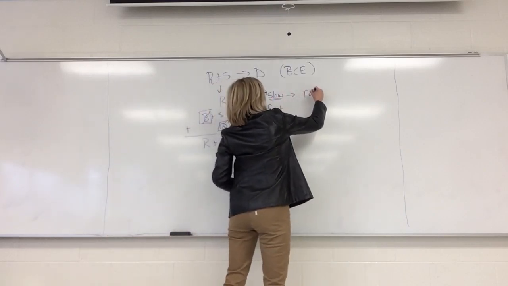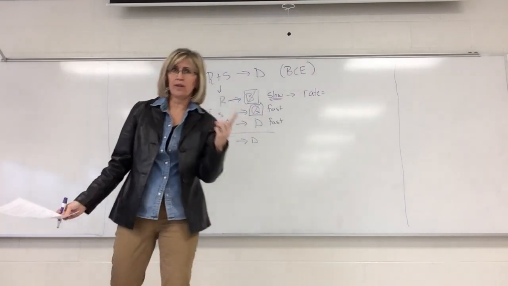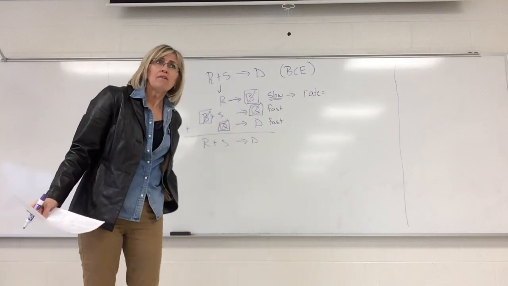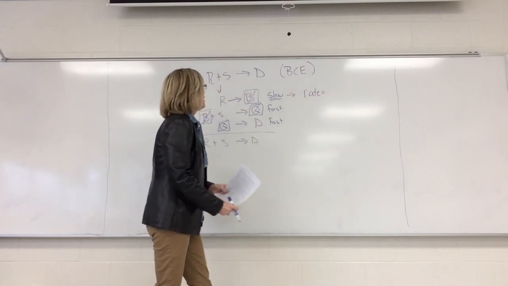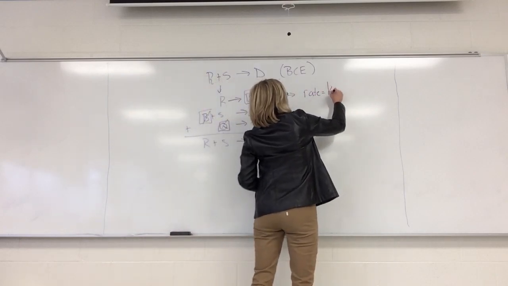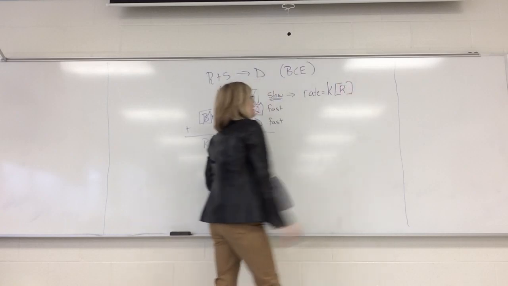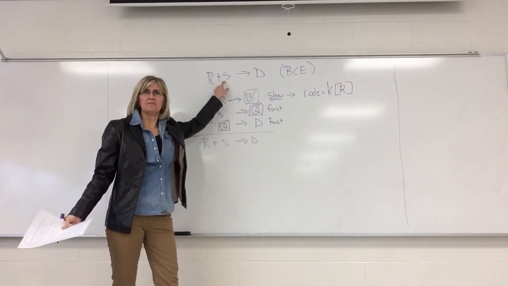So the rate law, rate equals, remember how I said we always start out with rate equals, no matter if it's a rate equation, a rate expression, a rate law? We're always going to start with rate equals. And from this one, that would be the rate law for this particular reaction.